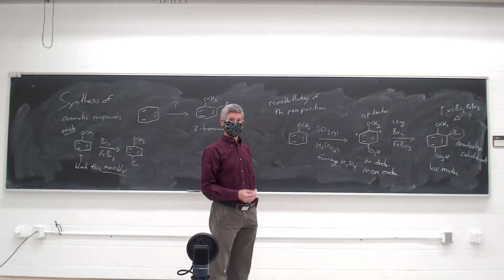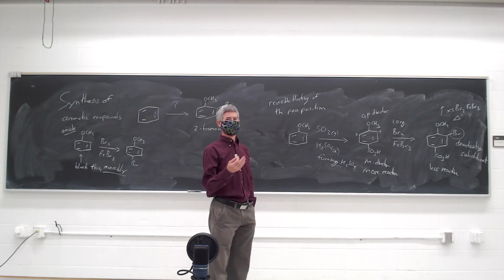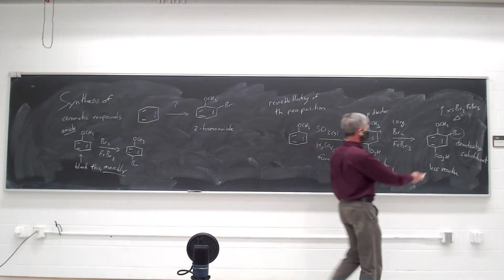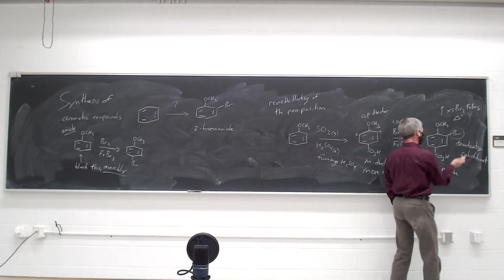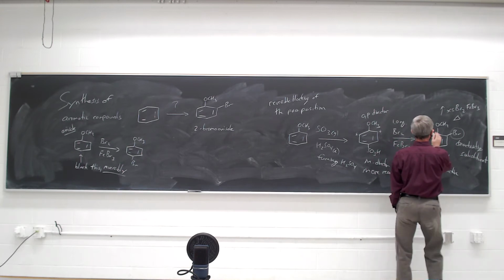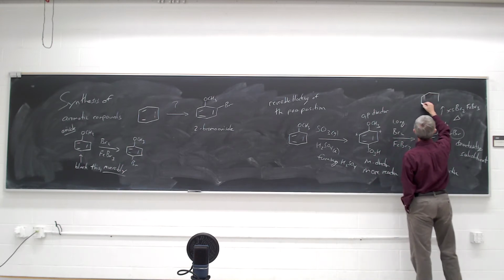The methoxy wins. Why? Because it's the more powerful activator, right? Bromine's a deactivating substituent. It's an ortho-para director, but not, right, inductively. So the bromine would go here if another one went there.